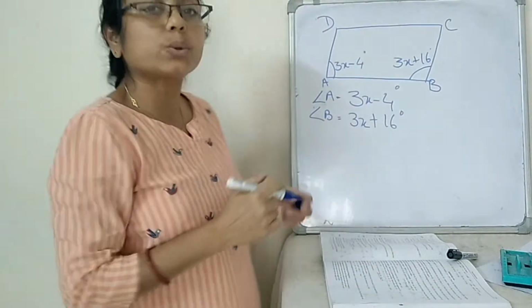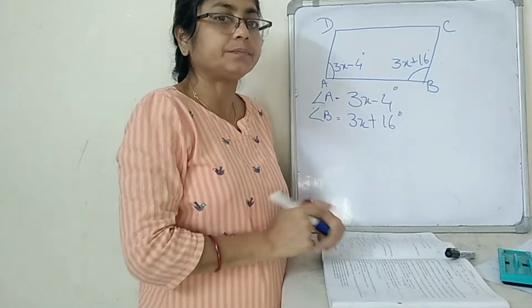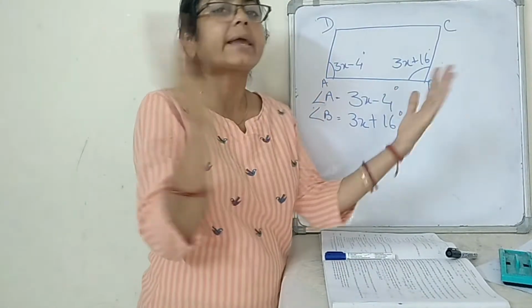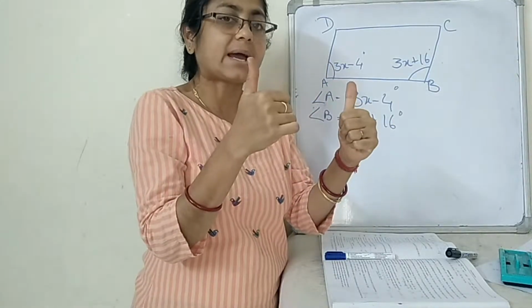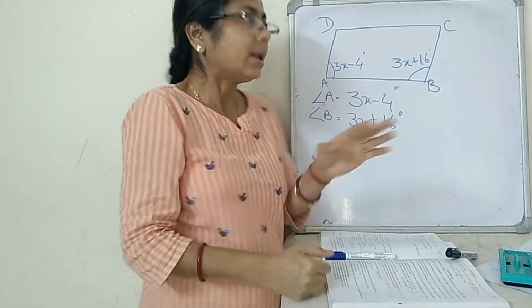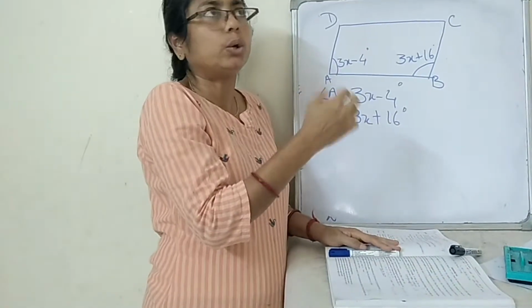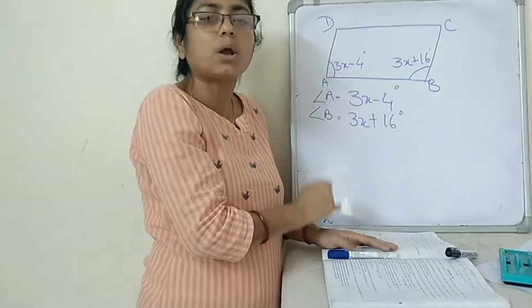What is the first rule? I repeat it. The two adjacent angles. When we add two adjacent angles, what's the result? 180 degree. Listen, in the previous one, we just did x degree, 2x degree. Very small we were doing.